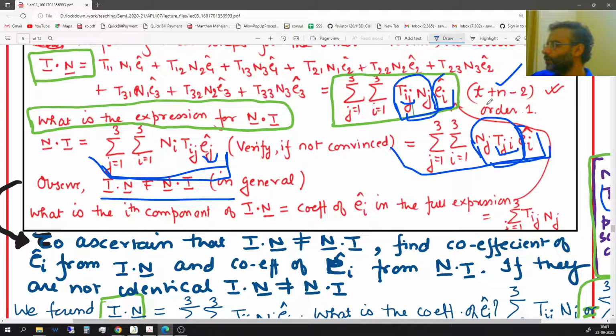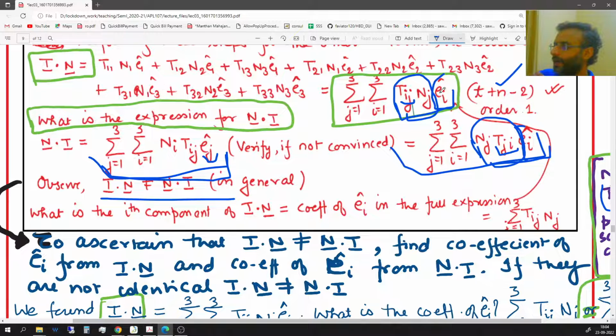And also I want to connect these observations with the formula that I gave in the beginning on the previous slide, when I said that when two tensors of order t and n, they dot with each other, the resulting tensor will be of order t plus n minus 2. You can actually verify that in this case that formula is indeed consistent.